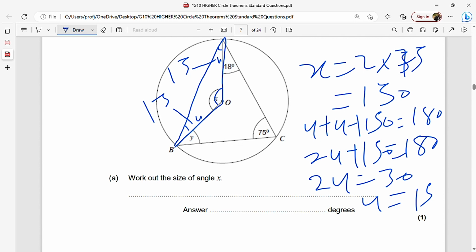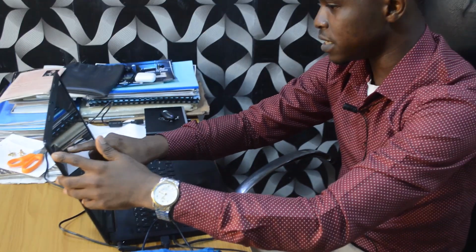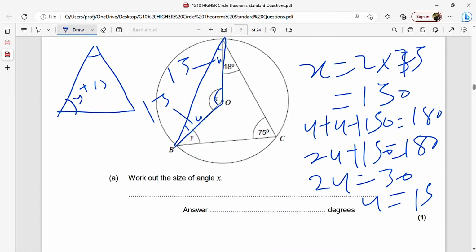So we have a whole triangle. Now look at the triangle here. Let me draw it out for you to see. We have here is Y and that 15 plus 15. Here is 18 plus that 15, because it's the whole angle I brought out. That's angle B, angle C, and angle A I brought out. Then this other part is 75.